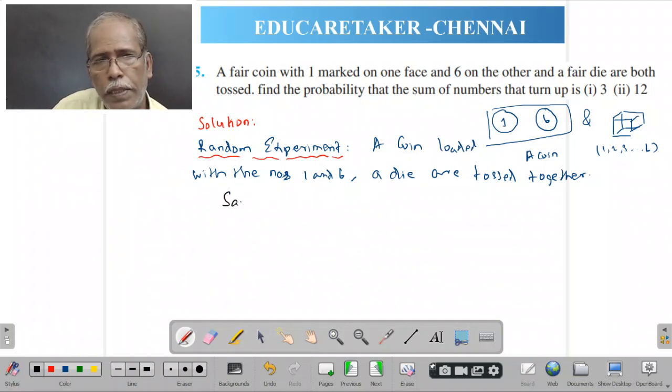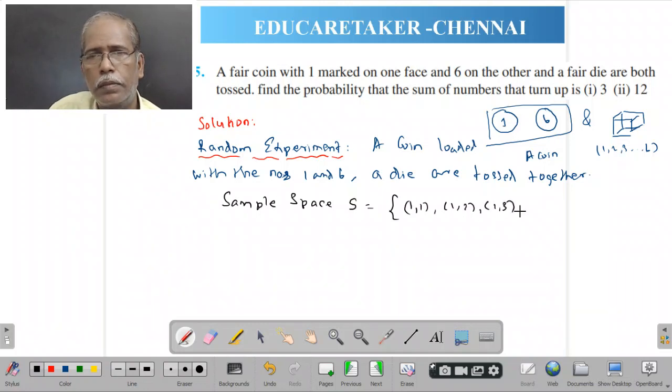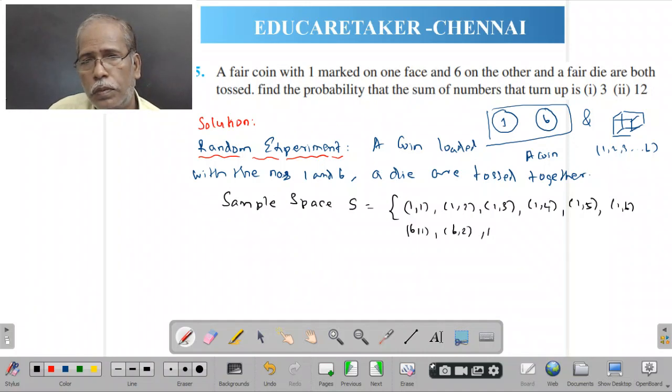So we can write the sample space. If the coin shows 1, the die shows 1 to 6: (1,1), (1,2), (1,3), (1,4), (1,5), (1,6). And if the coin shows the number 6, the die will show all the numbers 1 to 6: (6,1), (6,2), (6,3), (6,4), (6,5), (6,6).